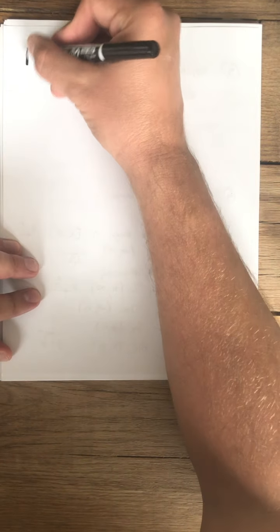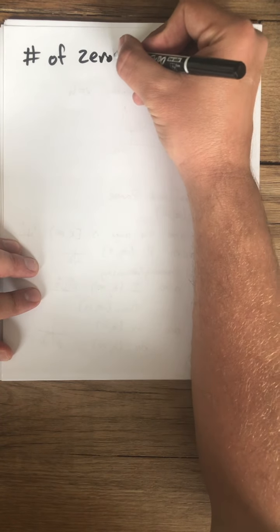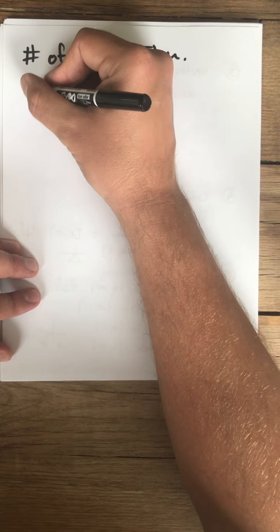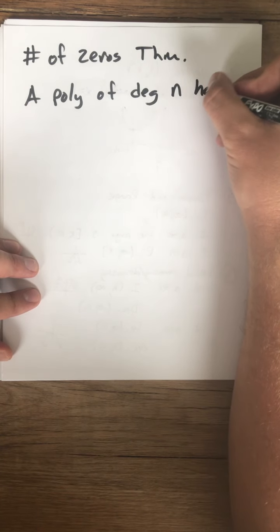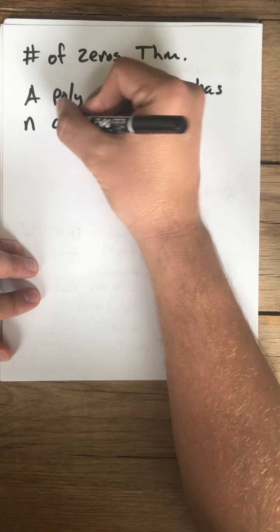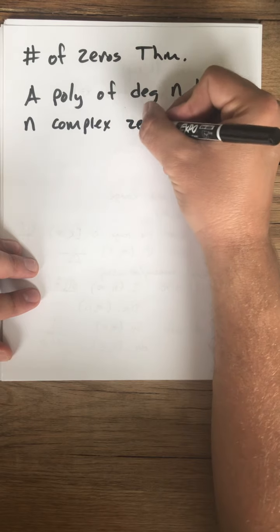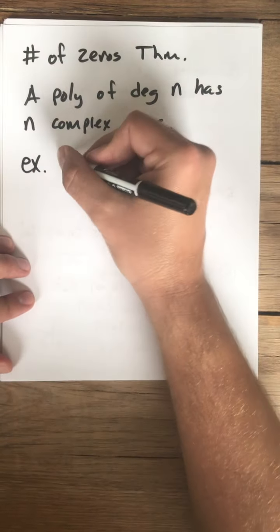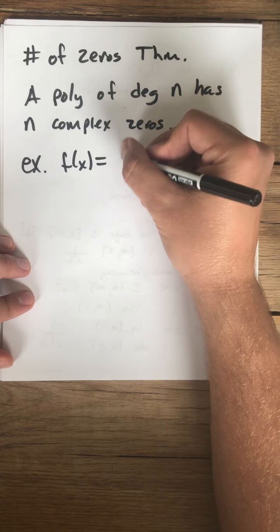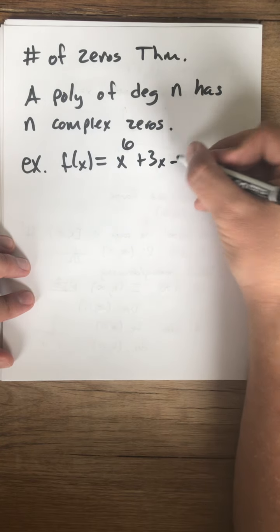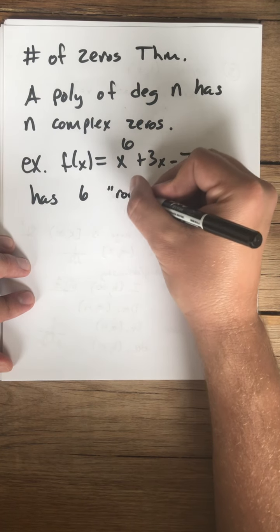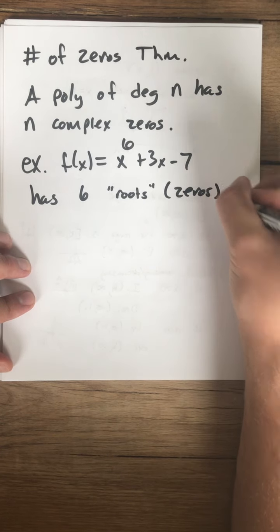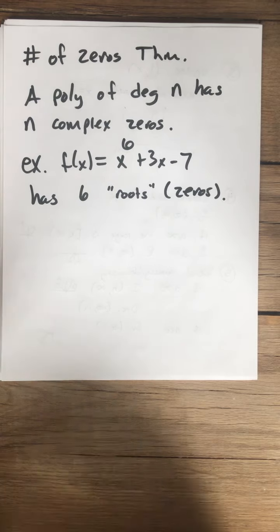So a little more specific, because we're going to apply this stuff: where do we go from the fundamental theorem of algebra? A polynomial of degree n has n complex zeros.